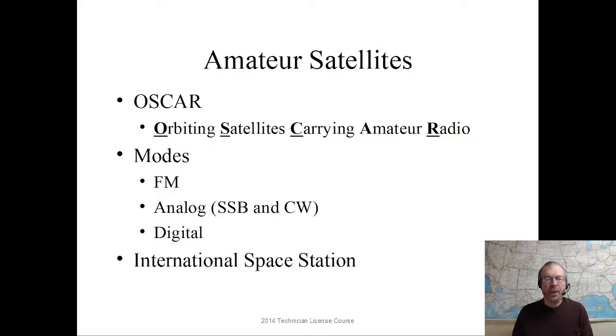The modes are FM or analog, SSB and CW, digital as well. And of course we can contact the amateur radio station on the International Space Station if the astronauts or cosmonauts happen to be available to talk to us on whatever pass they're making at the time. So those are some fun activities.